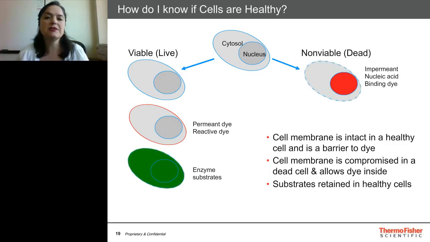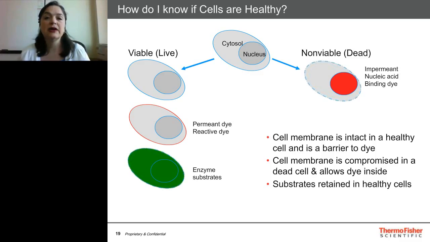But when it comes to fluorescent reagents, the way we define a live cell is a cell whose membrane is intact and it has enzymes that can support the cleavage of a dye that, when it's in its native form, is not fluorescent, but then by enzymes that all cells contain, something gets cleaved off and it becomes fluorescent. So that we take as our live readout.